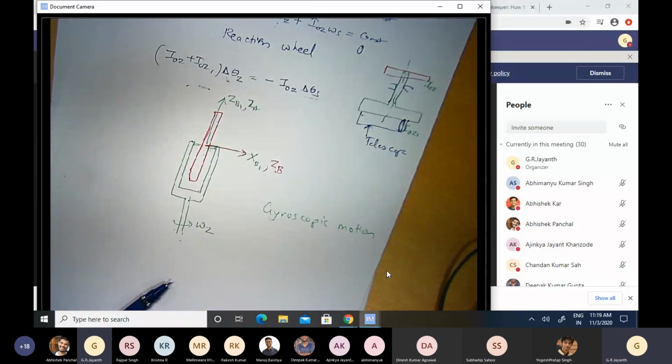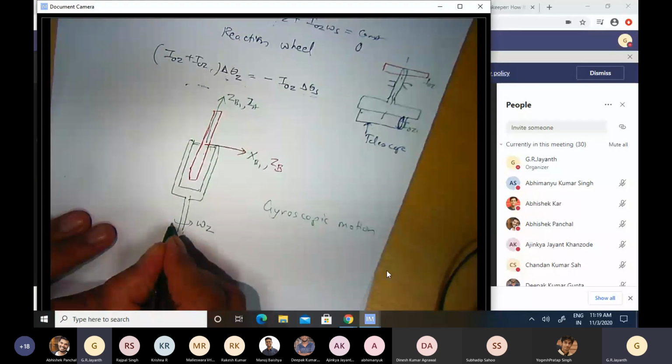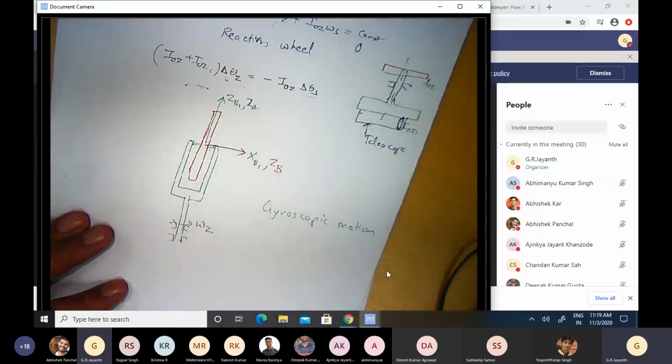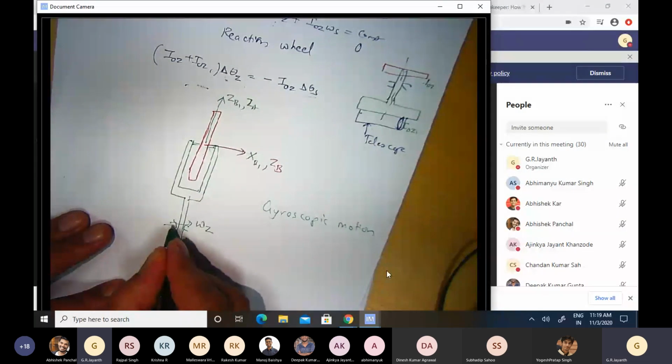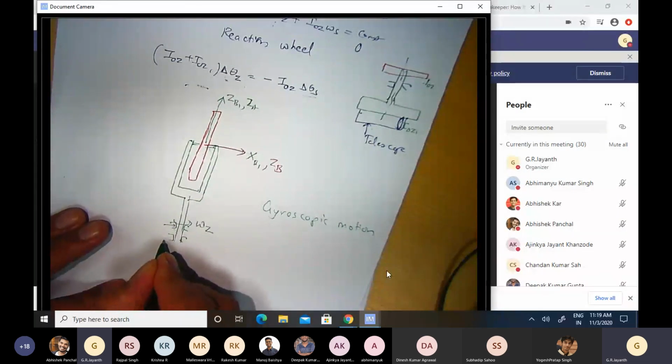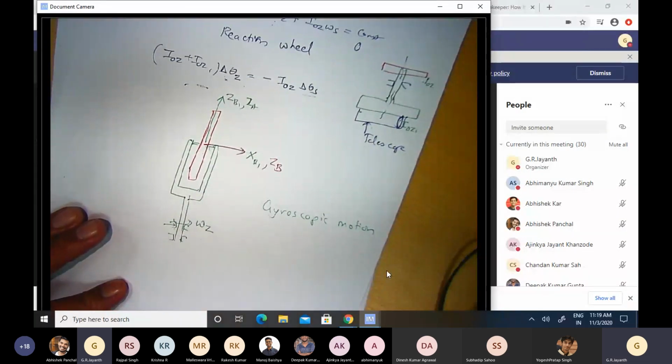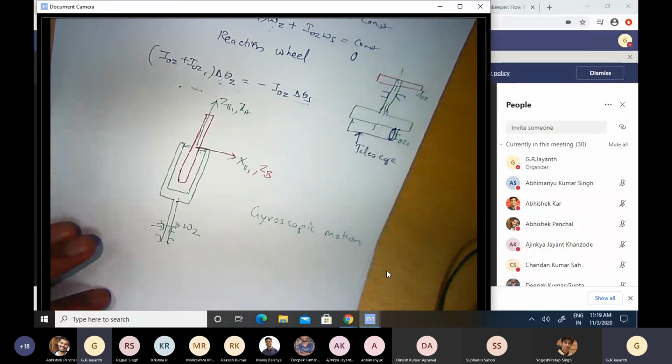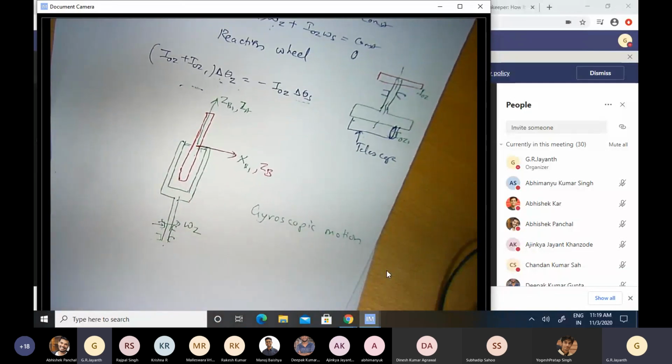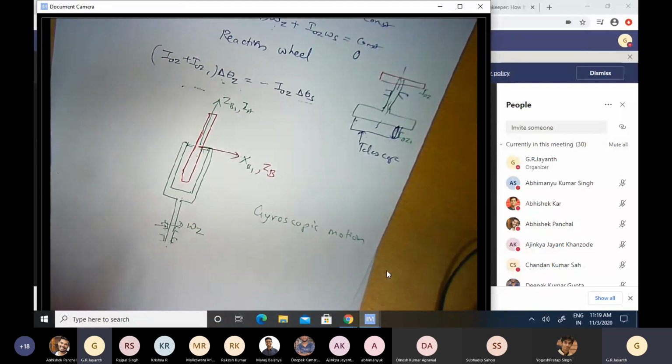And what we noticed was that this gyroscopic motion generates a torque about the y-axis. So I need to have bearings here, and the bearings will have reactions that will try to counter the moment that is generated about the y-axis when I try to spin this shaft about the z-axis.